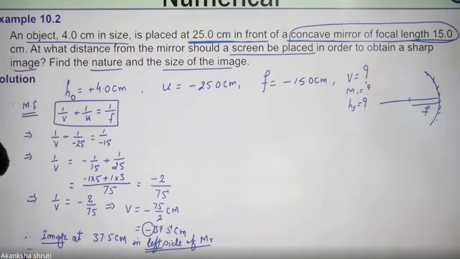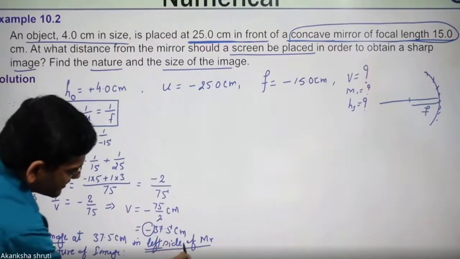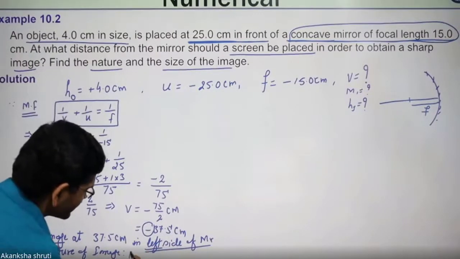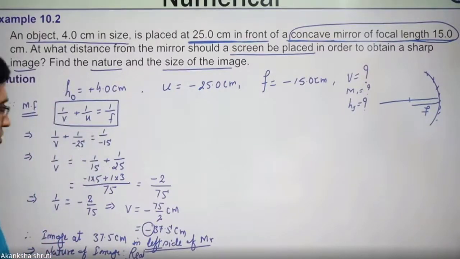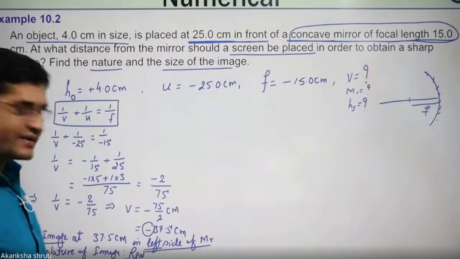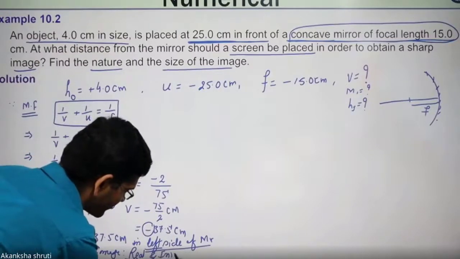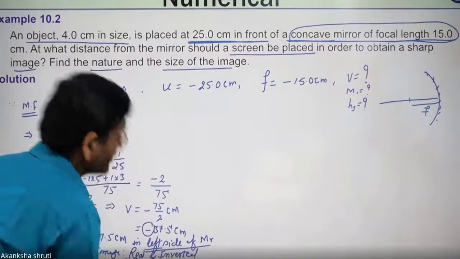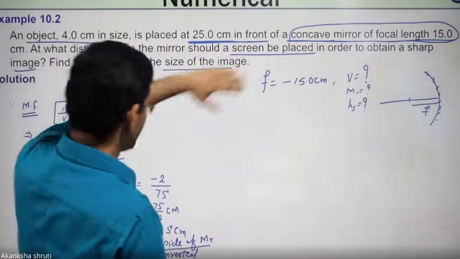So nature of image: since the image is formed on the left hand side, it is real. It is a real image, and a real image is always inverted, so that term can be associated. Students, let us write the final answer. At what distance should the screen be placed?